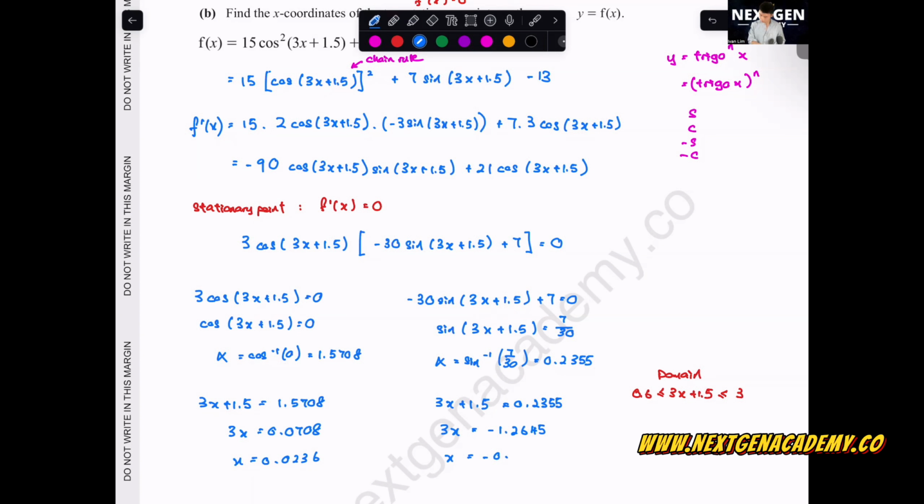Okay, wait. 0.2355 minus 1.5 divided by 3. Wait, the answer is wrong. Where did I go wrong? Inverse sine 7 over 30 is 0.2355, minus 1.5 divided by 3, negative 1.2645, negative 0.42.